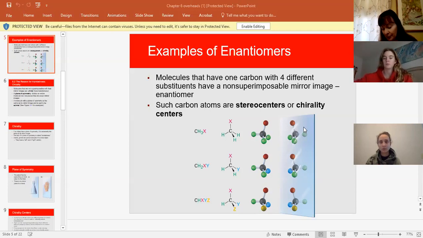That would be one option. The other option would be to make sure that you have 4 different substituents on one carbon. If you have 4 different substituents, you can consider that that compound has a mirror image, which means it has 2 different enantiomers. So let me put together 2 mirror images so I can show them to you.